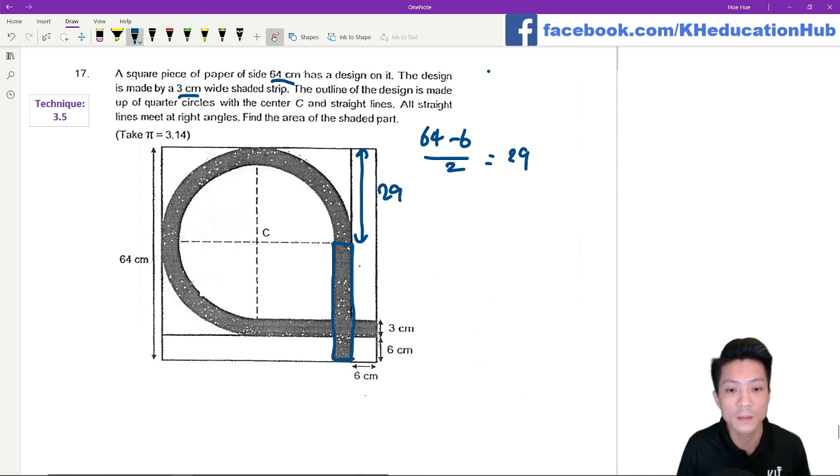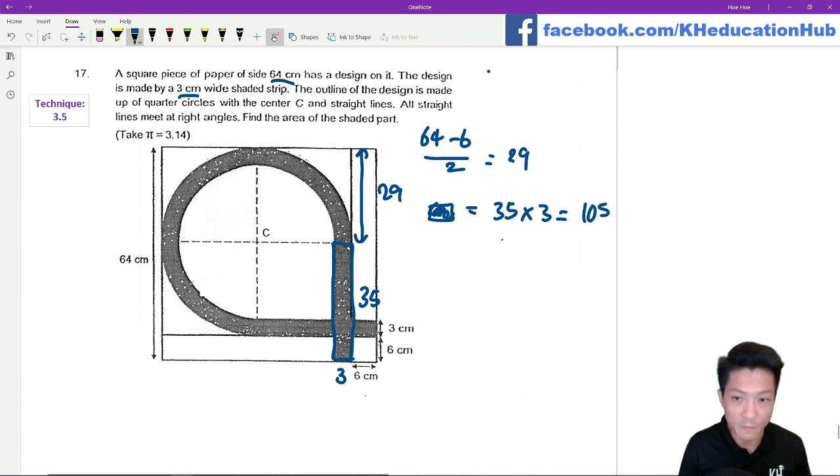This is 29. So the length of this blue color strip would be 29 plus 6, which is 35. This is 3. So the blue color box is equal to 35 times 3, which is equal to 105. Now if I use 105 times 2, it's going to give me 210.